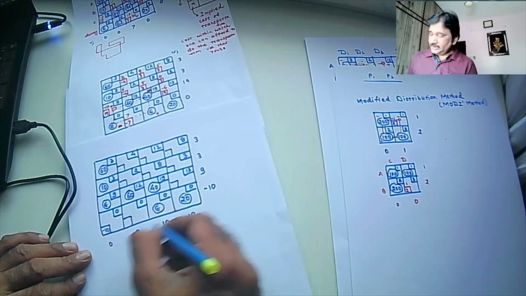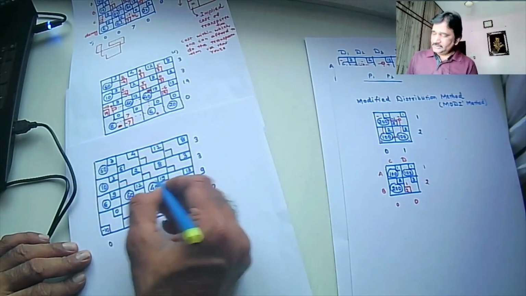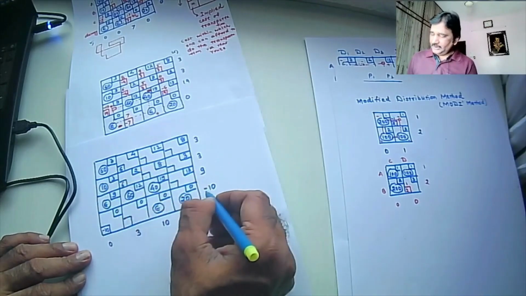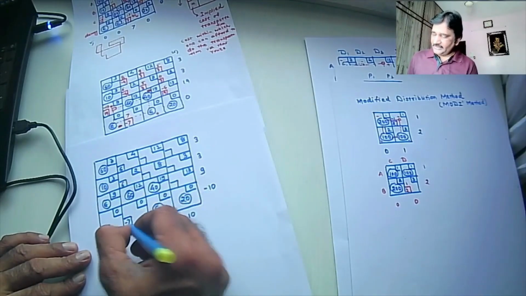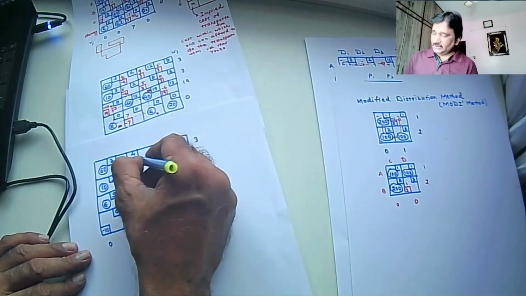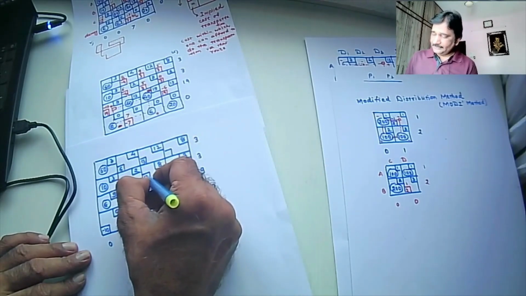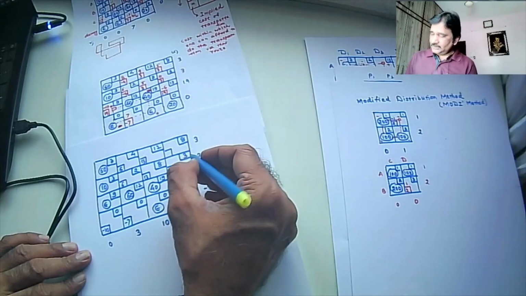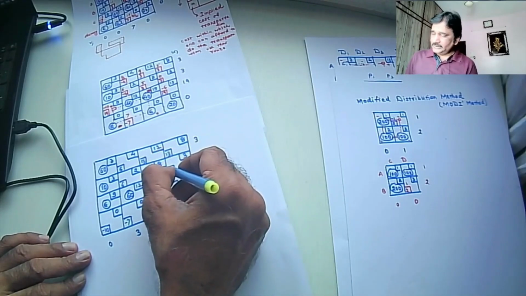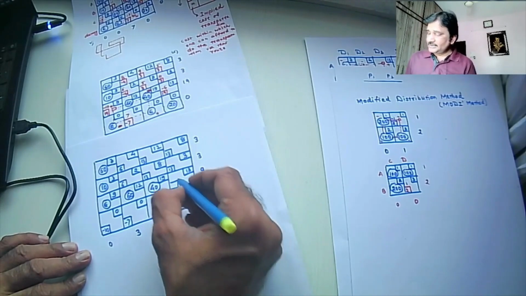And then this is 3, 3, 6, then 3, 3, 6 again, then minus 10 plus 3, minus 7, then 12. 3 plus 10, 13, then 3 plus 10, 13 again, then again here 13, again 13 here, then 9 plus 10 is 19.